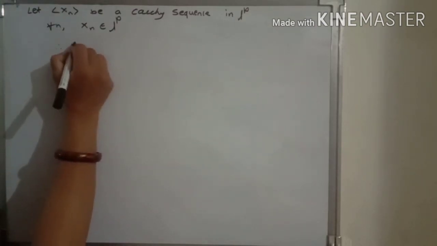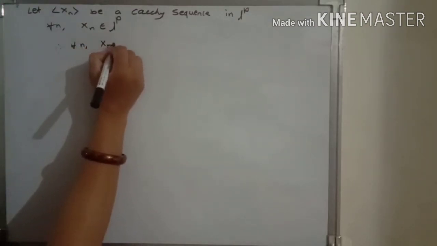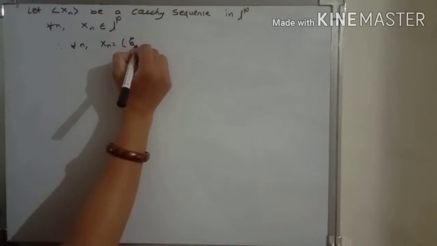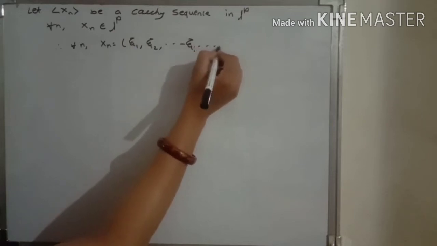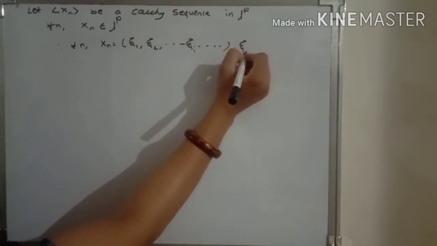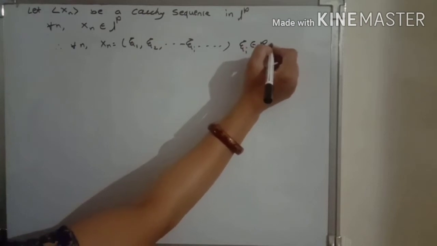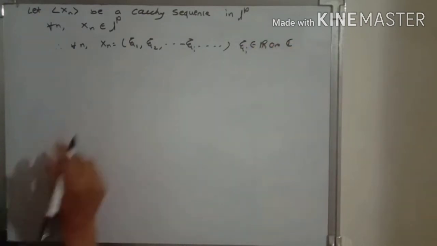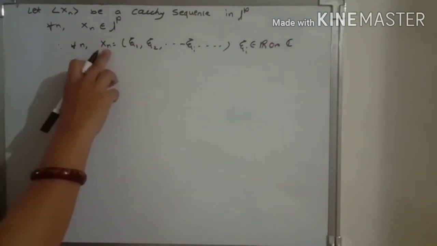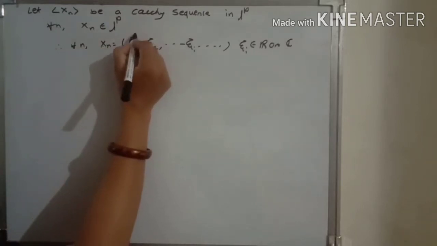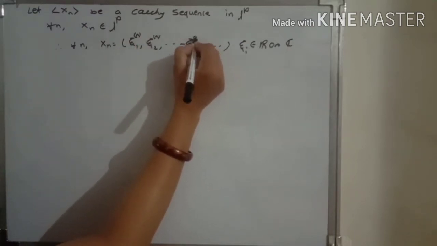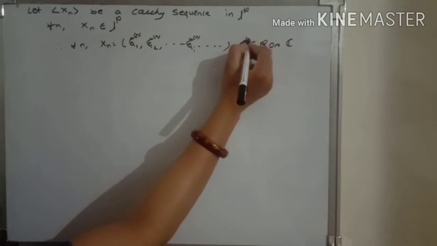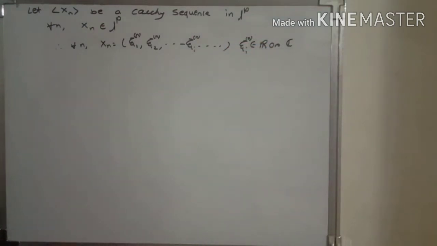Therefore, for each n, xn is an infinite sequence xi1, xi2, the ith term is xi i, and so on, where each xi i is either real or complex. Now here, as it is xn, for this n we write the coordinates like this: xi1n, xi2n, xin, and so on, where each xin is either real or complex.